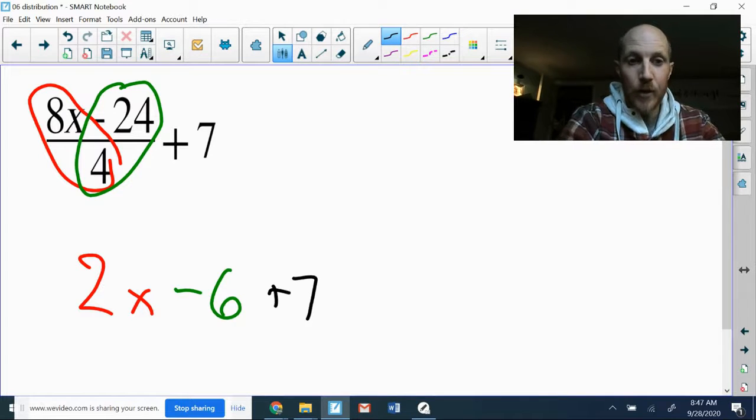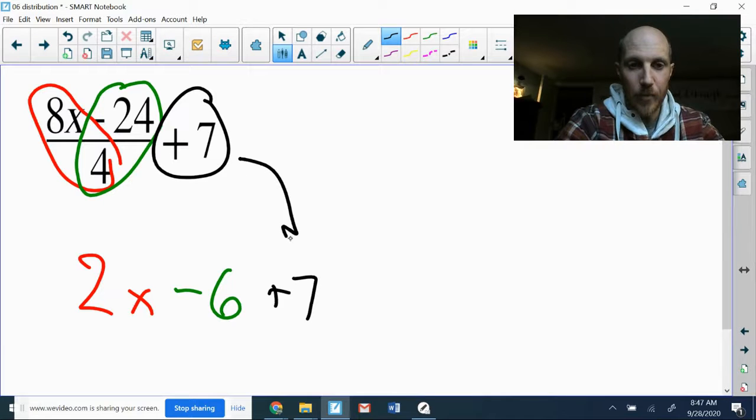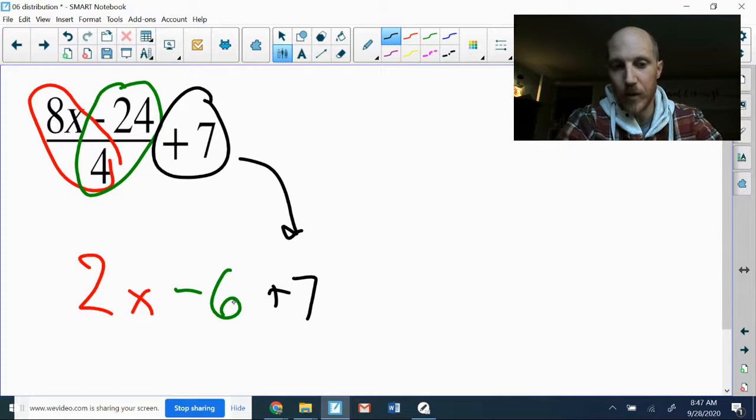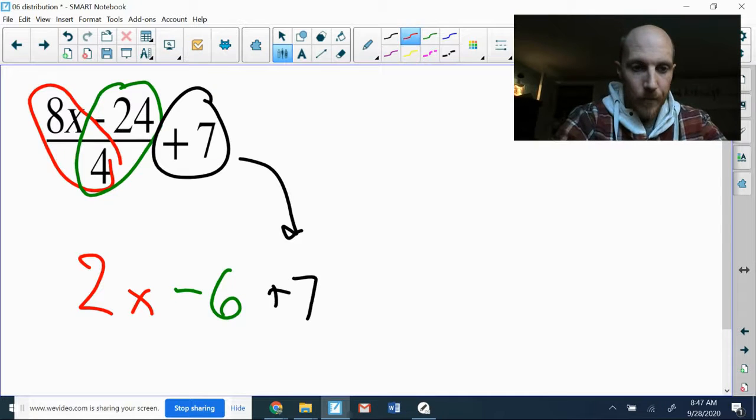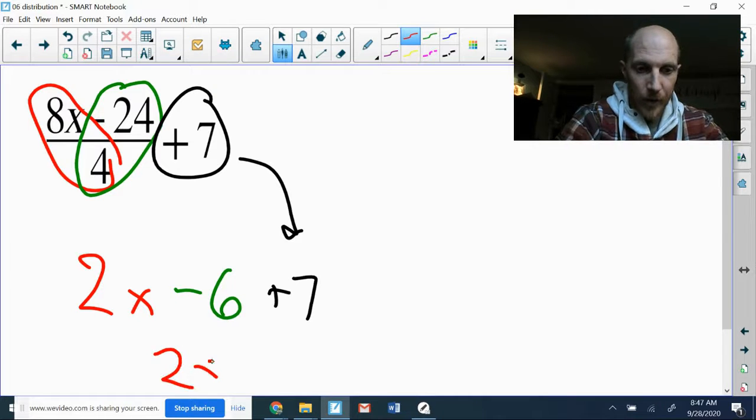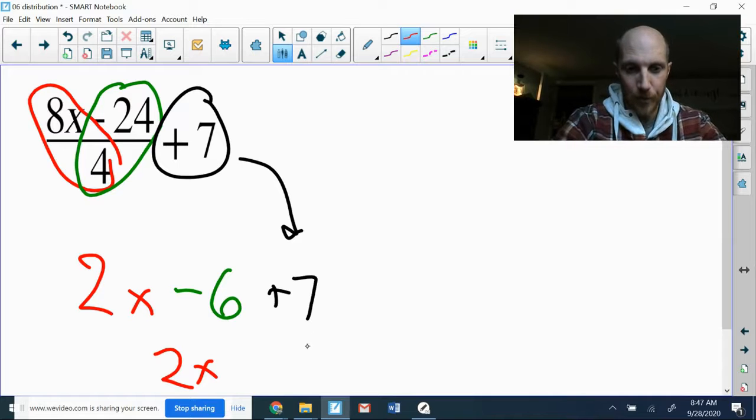Okay, so that plus 7 here at the end, we can't forget about that. It's got to come down. Still part of the problem. So I've got 2x minus 6 plus 7 combined like terms. In this case, I've got constants in 2 spots. I got the negative 6 or the minus 6 and the plus 7. I'm going to put those together. So that 2x is not going to change. So I'm going to bring that down as part of my answer.